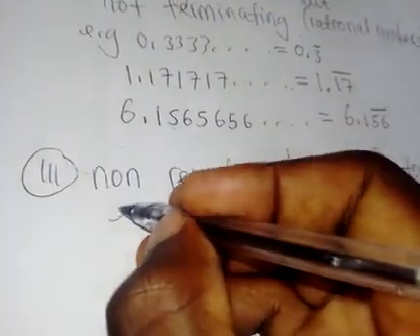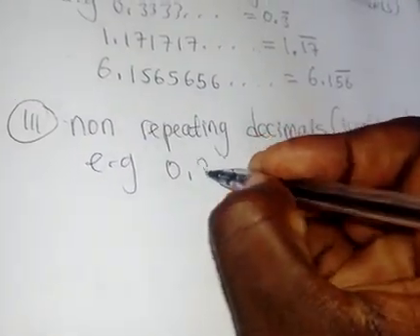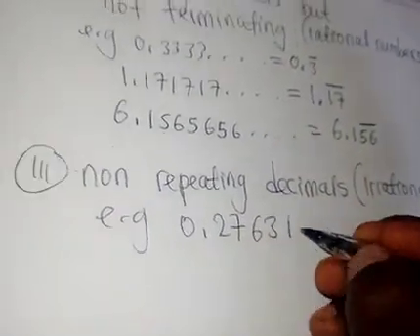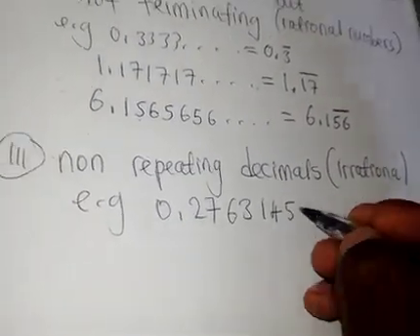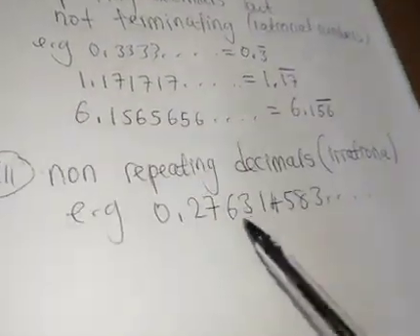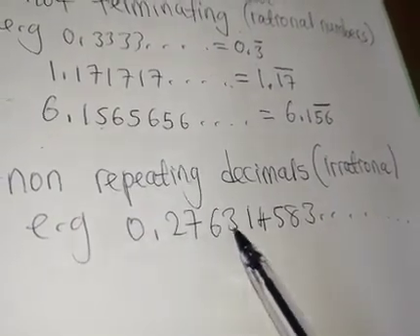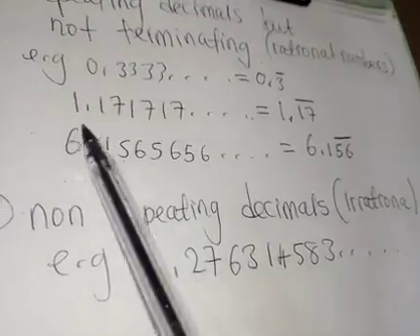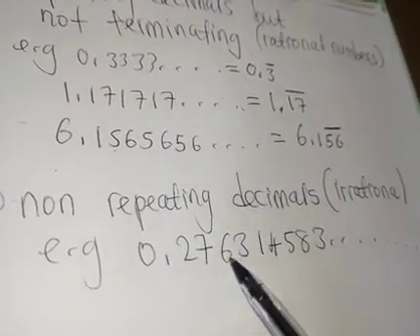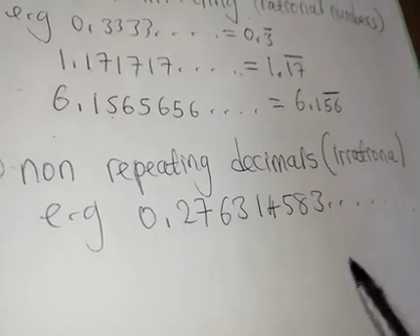For example, if you have a number like 0.276314583 and so on. If you check this number, there is no specific pattern that is formed. Unlike those numbers, where we have 171717, for this we have 27, 63, 14, just like that. There's no specific pattern that is formed.